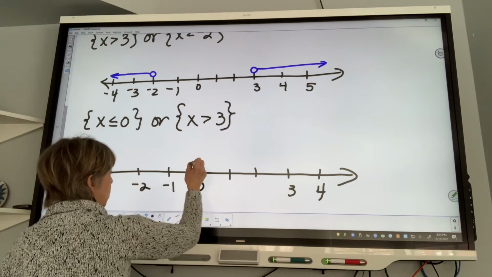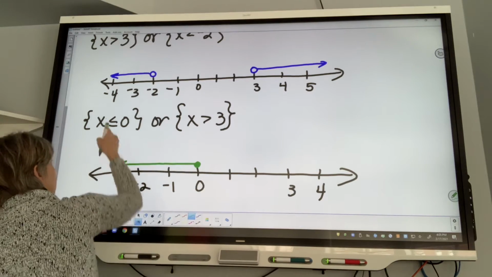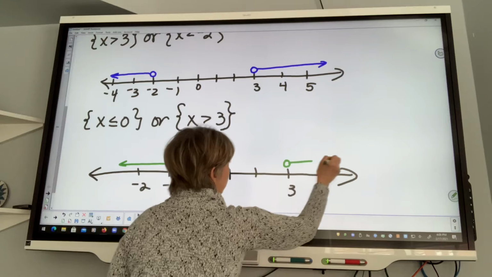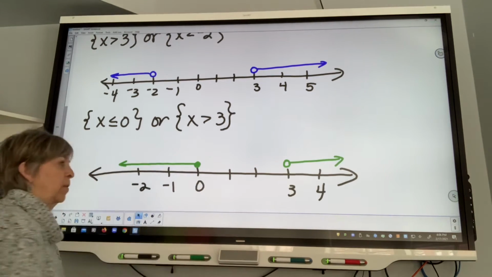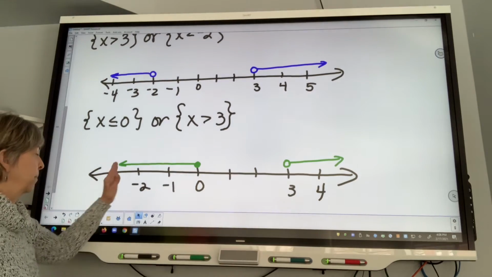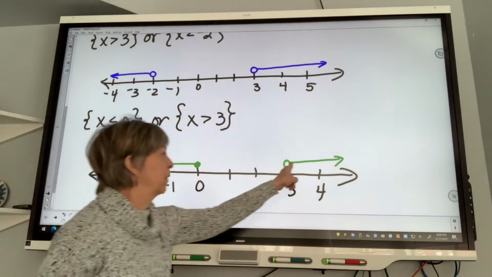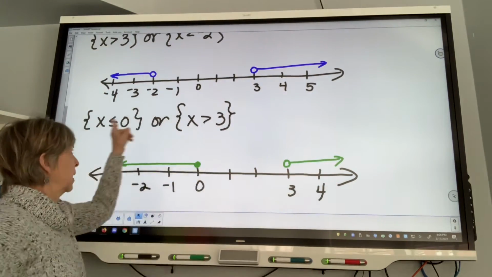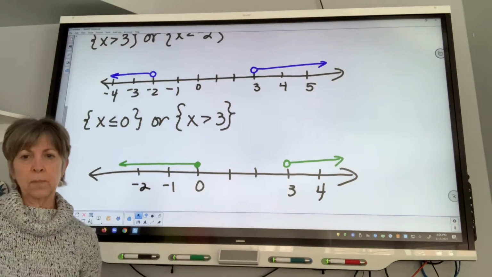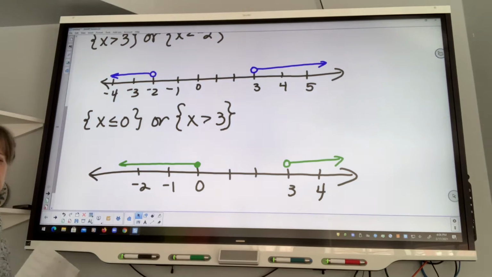Now, since it's equal to, we've got to fill it in. Less than goes that way. Or I want anything that is greater than 3, so that would be there. So any number on the number line that falls under one of these green arrows is in either this set or that set, or possibly both, but there aren't any in this case. Okay? So that's how we graph.